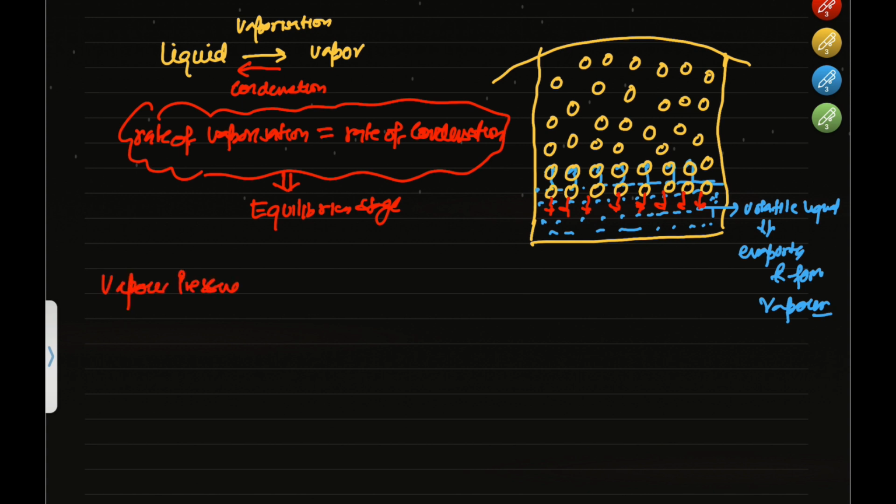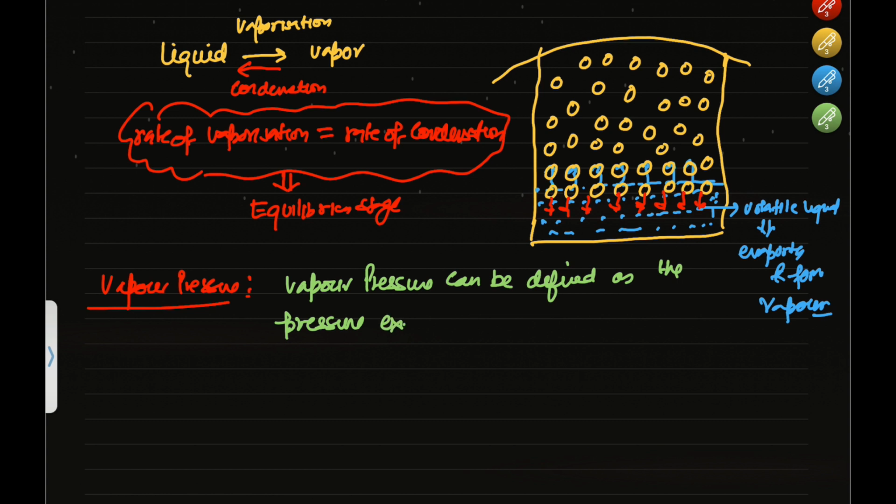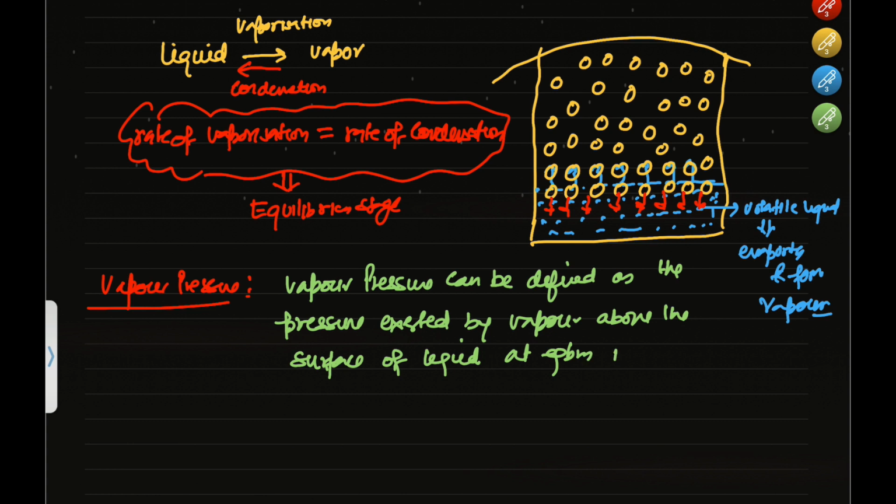Vapor pressure can be defined as the pressure exerted by vapor above the surface of liquid at equilibrium. Okay.